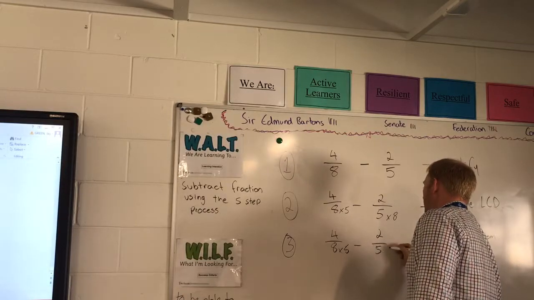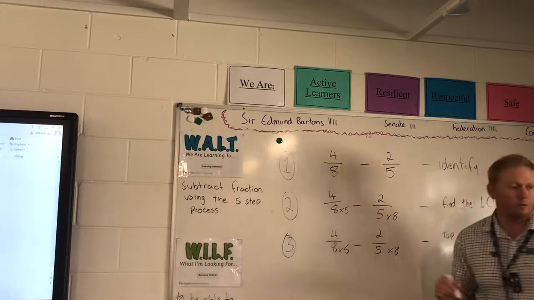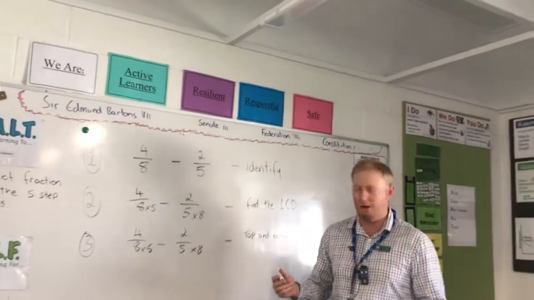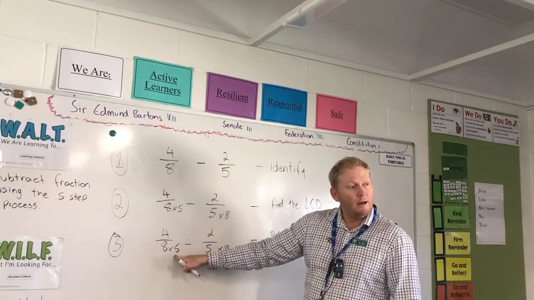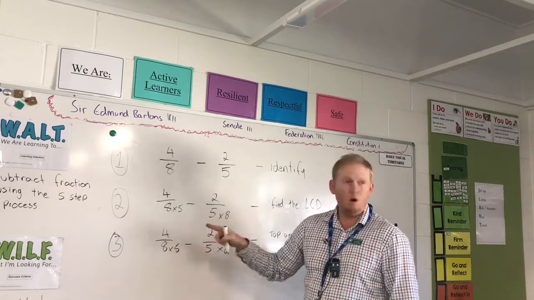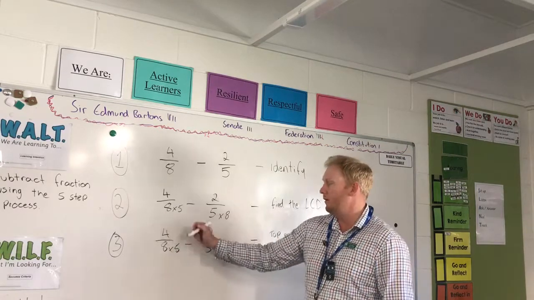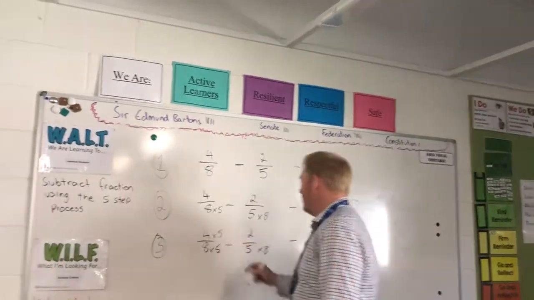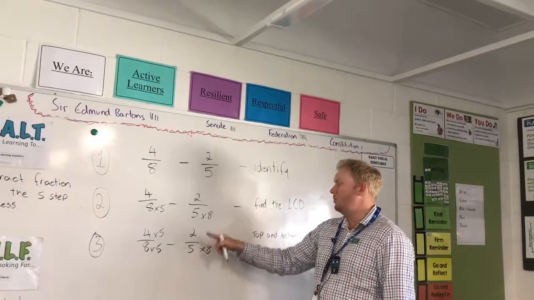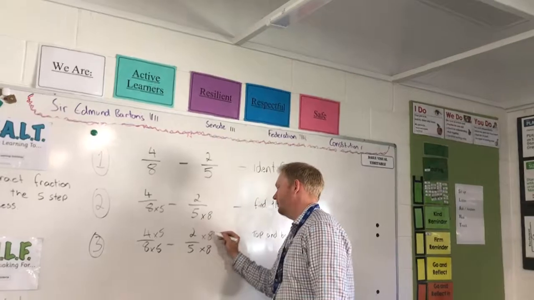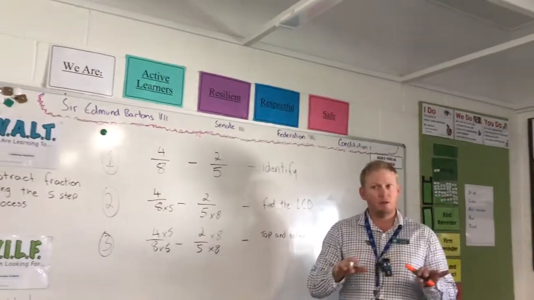Or as Gracie likes to say, what we do to the denominator, we do to the numerator. So, if I've multiplied our denominator by 5, I'm going to multiply our numerator by 5. If I multiply our denominator by 8, I'm going to multiply our numerator by 8. Okay, and that's balancing our equation.